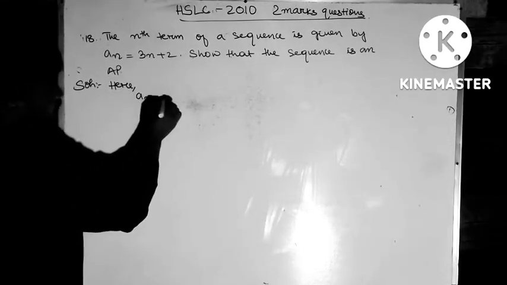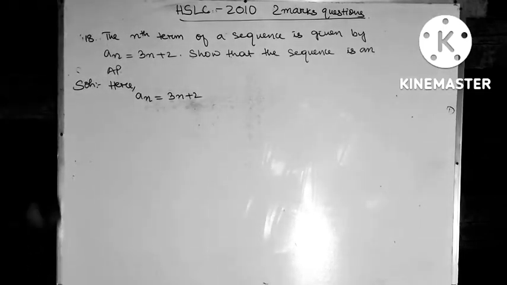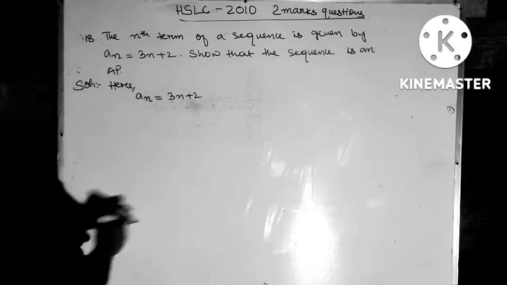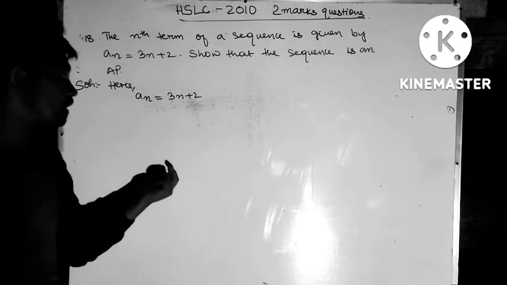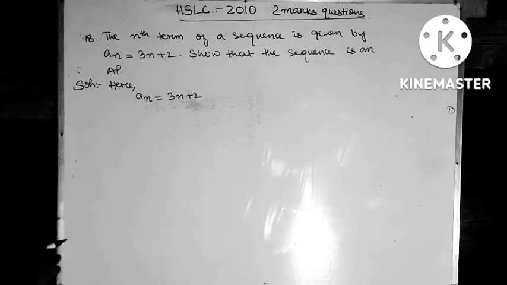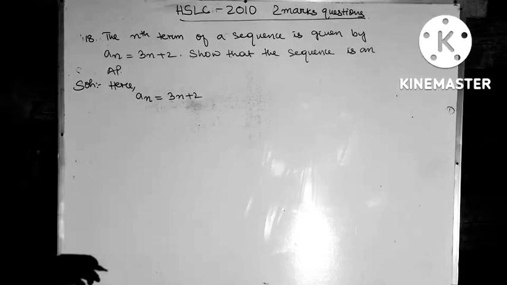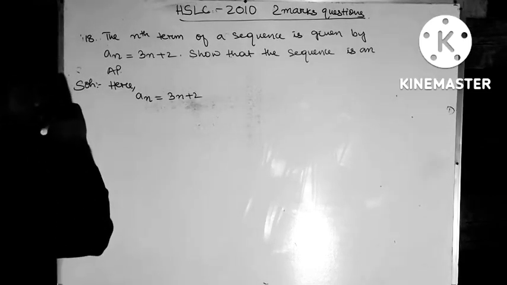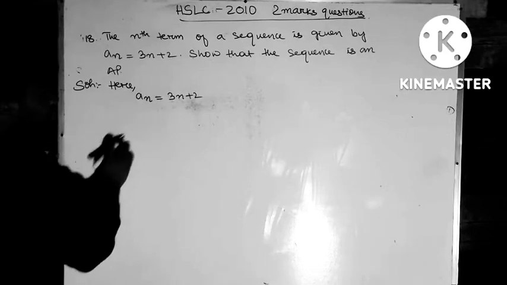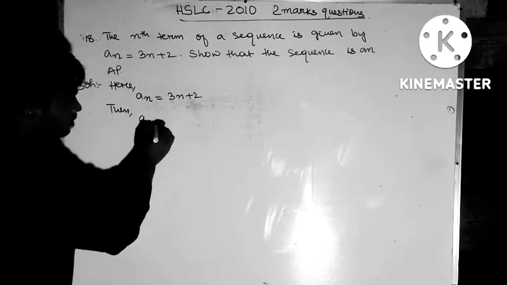an is given to be 3n plus 2. Right, 3n plus 2. There are many methods to do this. I'll solve it here in two methods. First, this is the method. Then what we need to do is find an plus 1.